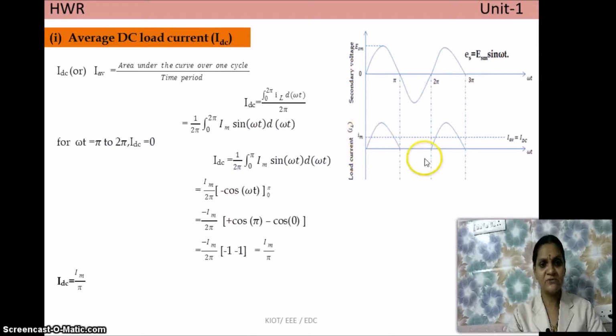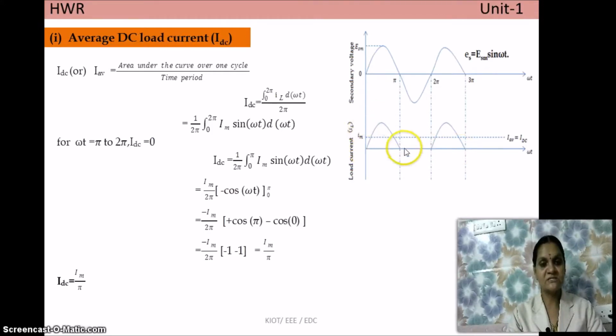And this is the waveform for the load current. Current is allowed to flow in the circuit only during the positive half cycle, as we discussed in the previous video. So this is the waveform for the positive half cycle. We are getting a current waveform like that of the input signal, and for the negative half cycle the value is 0, and again for the positive half cycle we get an output current same as the input signal.